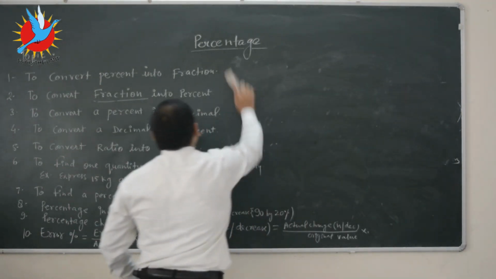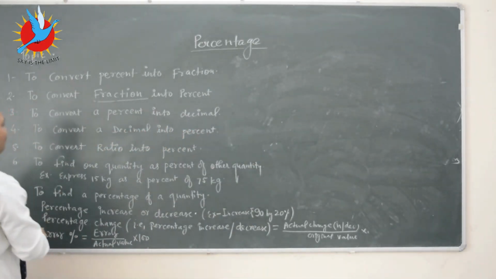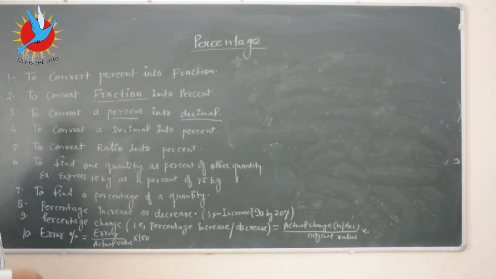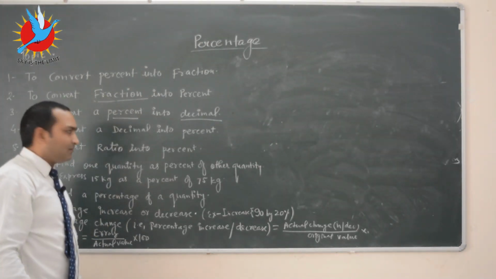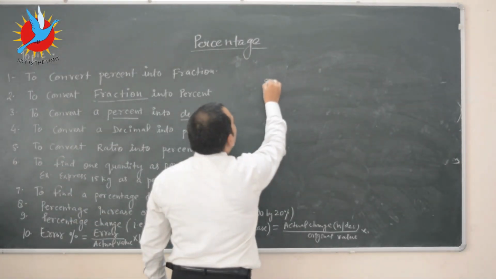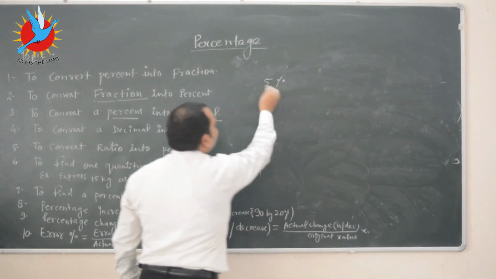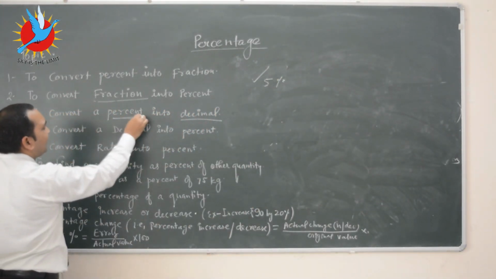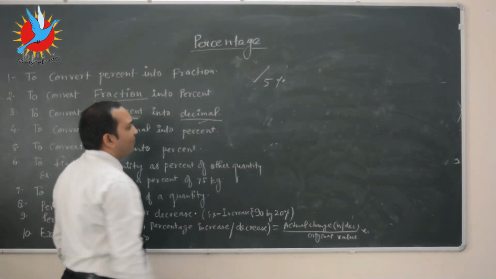Next, third one, to convert a percent into decimal. How do we convert any percentage into decimal? It is very simple, like 5%. This is in percentage and we want to convert this percent into decimal form.